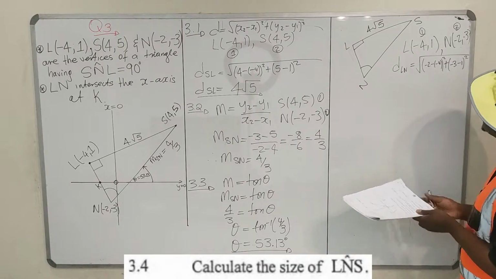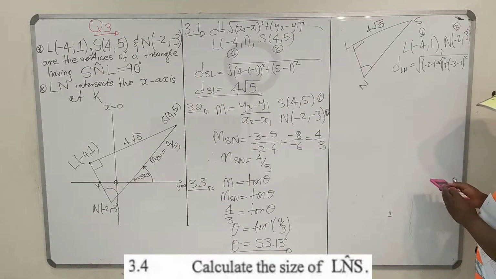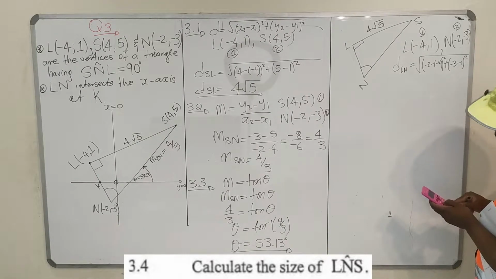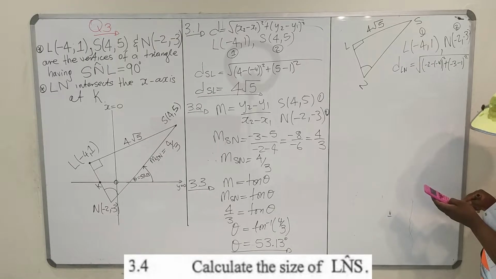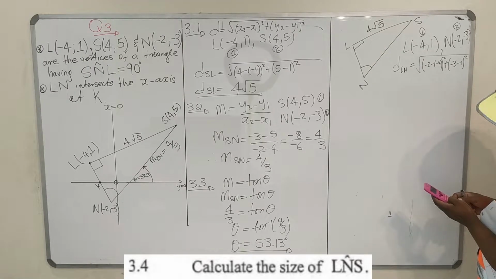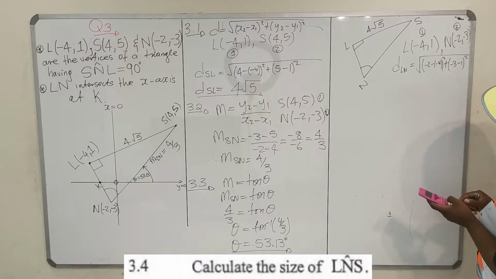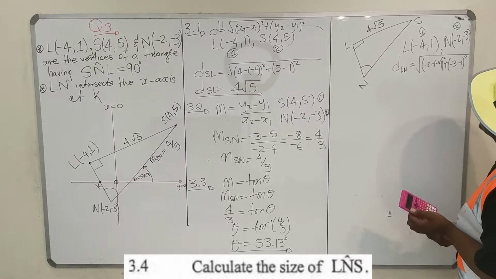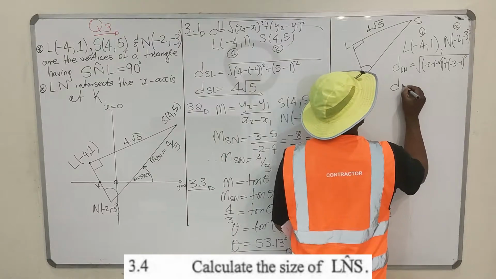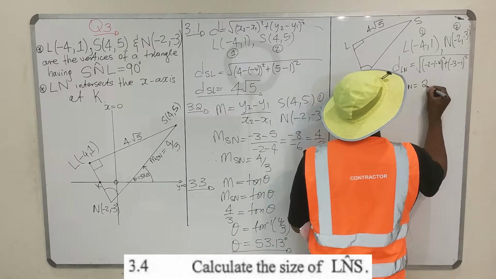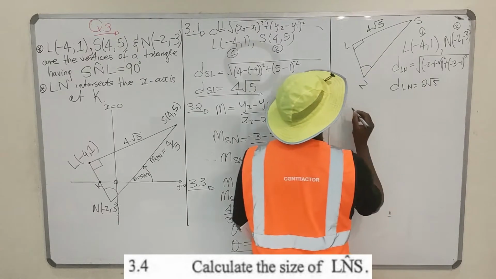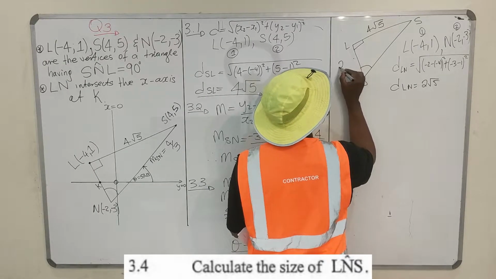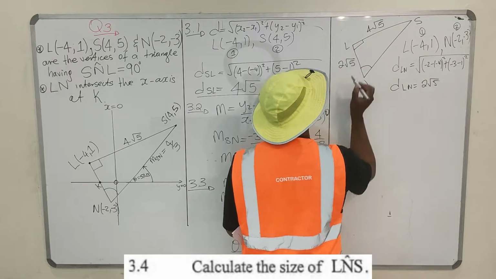So you punch that, you will get the distance for LN. So let's do that. So you get that the distance for LN is equal to 2√5, right? So you know that this distance here is 2 square root of 5.